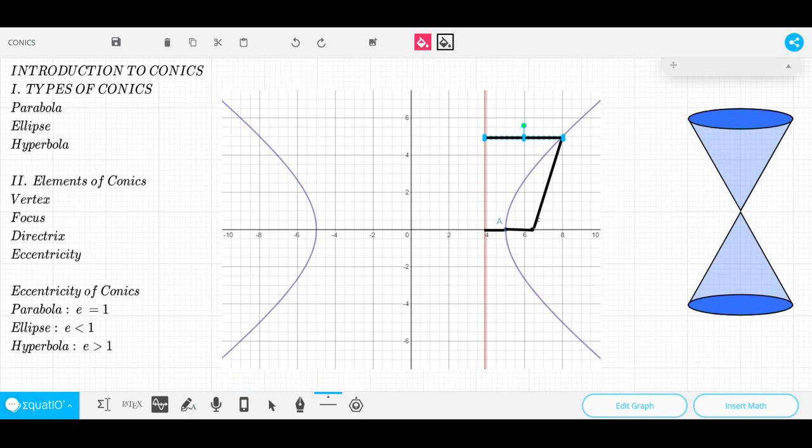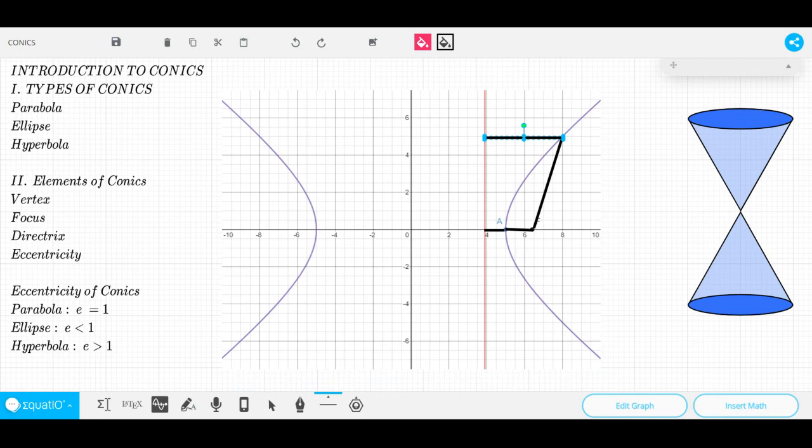So for a parabola, the eccentricity will always be equal to 1, regardless of the position of the vertex or the position of the focus. For the ellipse, it's always going to be less than 1, but it might be 0.6 for one ellipse and 0.8 for another. For the hyperbola, same case. It might be 1.2 for one hyperbola, and it might be 1.5 or 2 or 3 for another hyperbola.